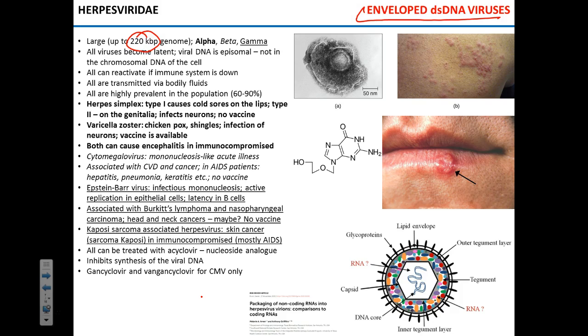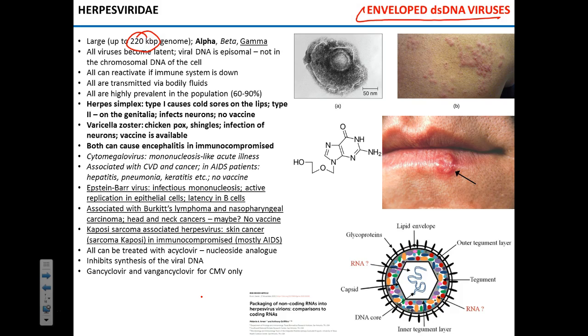To give you a perspective on the number of genes in the herpes viruses, we are talking about 180 ballpark open reading frames. And I deliberately say open reading frames because we still do not know the functions of all the genes in herpes viruses.